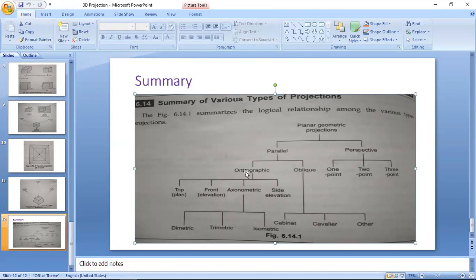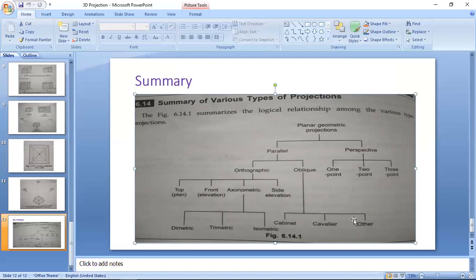Parallel again classified into orthographic, oblique. Orthographic will get classified into top, front, axonometric and side view. Axonometric will get again classified into isometric, dimetric and trimetric. Okay, and the oblique projections of a parallel projection will get again further classified into the cabinet and cavalier projection.